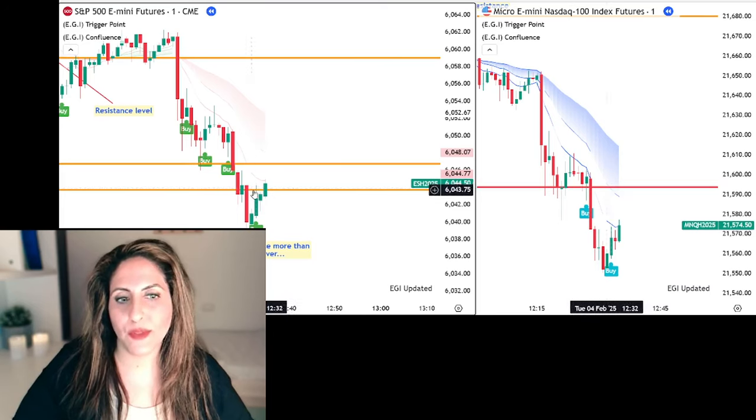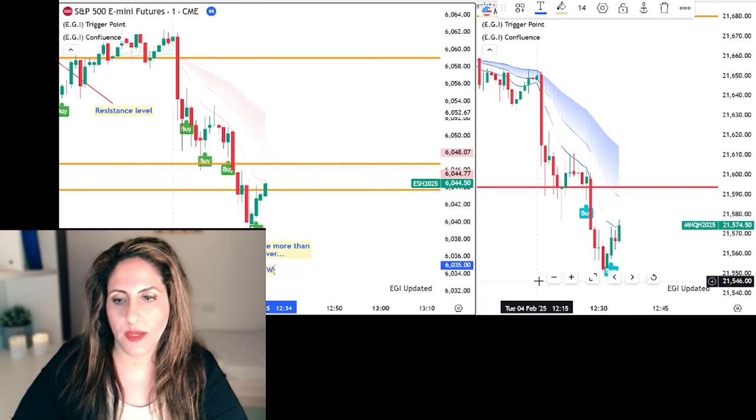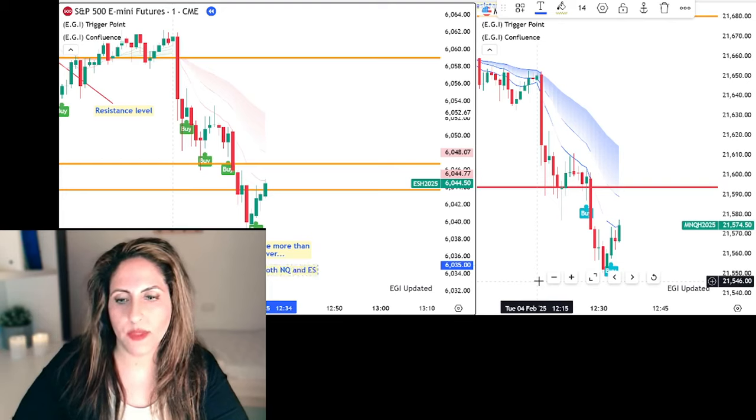So these resistance levels are going to break, okay? Both NQ and ES generated buy signals at the same time, indicating that both are likely.